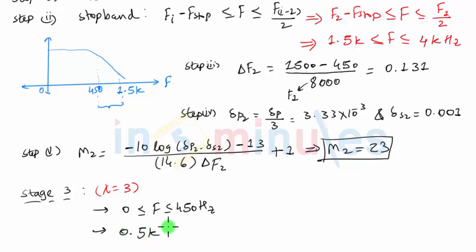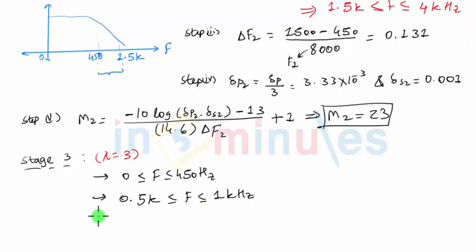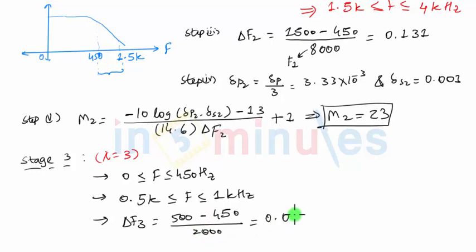It will be 0.5k less than or equal to f less than or equal to 1 kilohertz. Going ahead, if you calculate delta f3, it will come out to be 500, which is the f stop, and 450, which is fp, which is always same, divided by input sampling frequency, which will be 2000 in this case. This will come out to be 0.025.